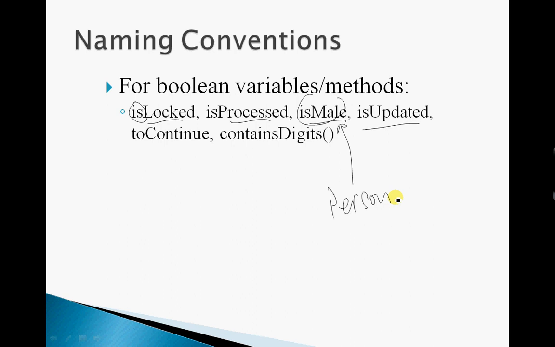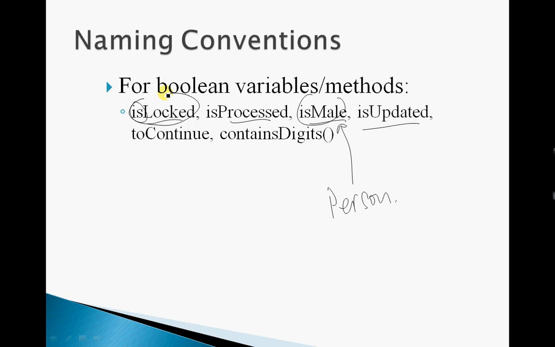If isMale is false, that means the person is a female. Okay, no intermediate. So this name isMale is a good name because it's easy to understand. Or if you prefer, you can use isFemale. Just choose one of them to represent the sex of that person.